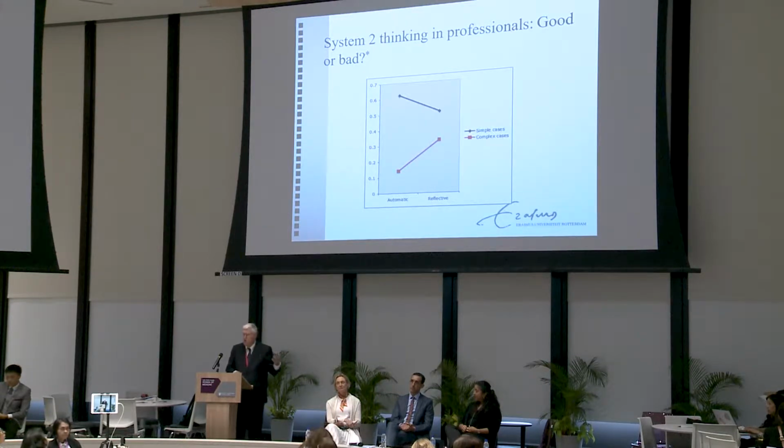One group only produced the most likely diagnosis. Another group was asked to provide a differential diagnosis. We want to hear more than one diagnosis, and then you have to choose the best one. And the third group was initially asked for a single diagnosis, and then would engage in deliberate reflection.